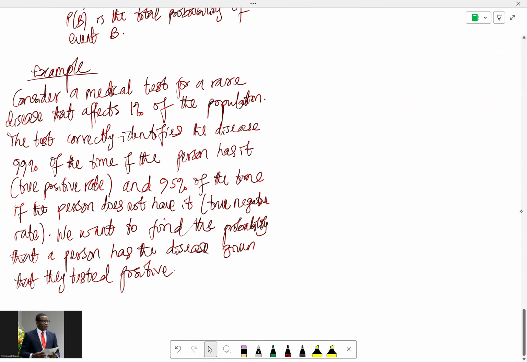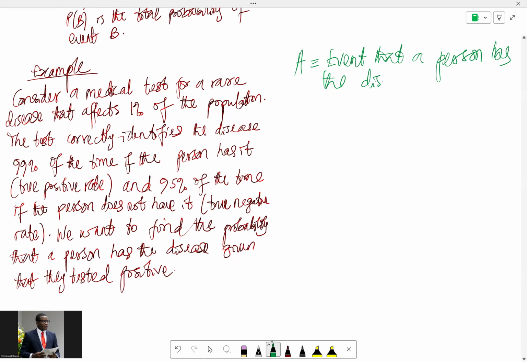So let me do that by the side here now. If we take A to be the event that a person has the disease, and we take B to be the event that a person tests positive.